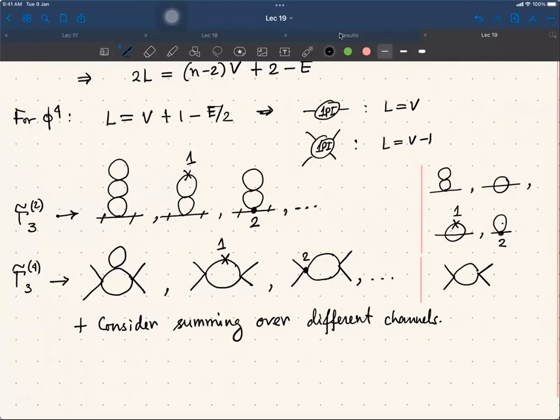But after you add all of them, the divergences, all the poles, will not cancel. So maybe I should actually write them as classes here also.